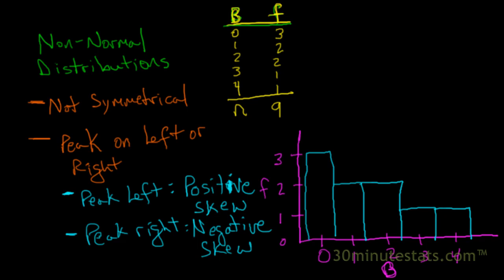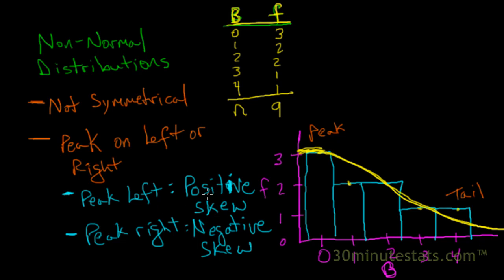Now, once again, we can connect the dots. If you think about drawing dots across the top of this distribution, we can draw somewhat of a smooth line here. Maybe we don't go through all the dots, but we can certainly show that there's a peak on the left hand side of this distribution and that there's a long tail out here on the right hand side.